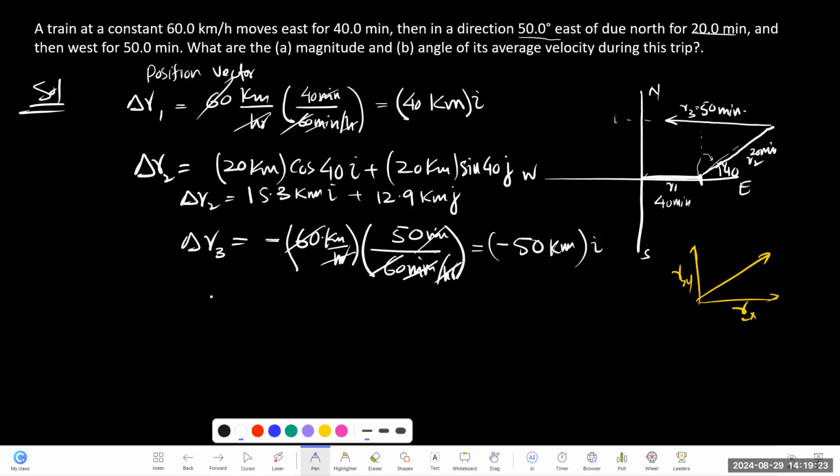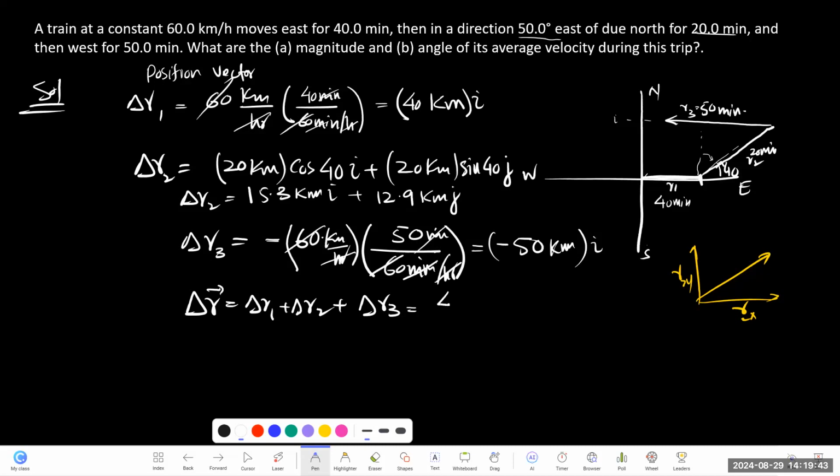So I got all three numbers, and I'm going to simply substitute the values. Delta R equals delta R1 plus delta R2 plus delta R3. I'm going to substitute all the values here.